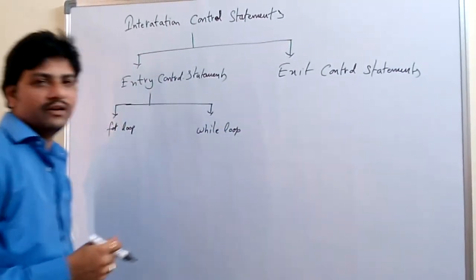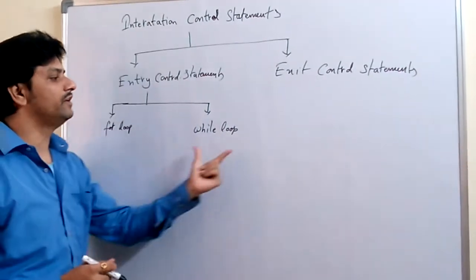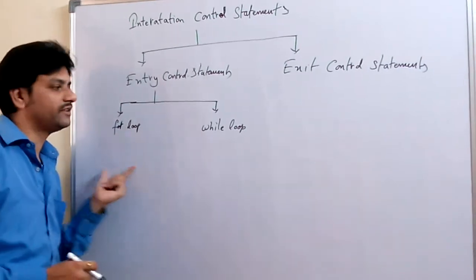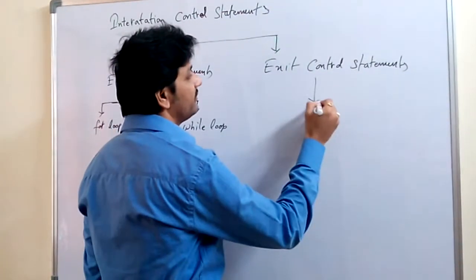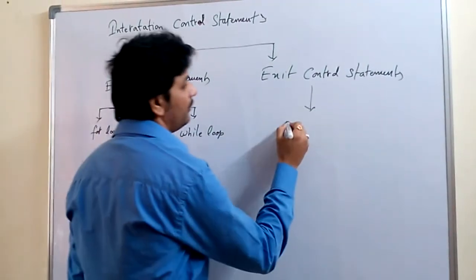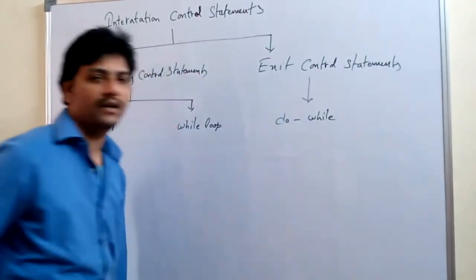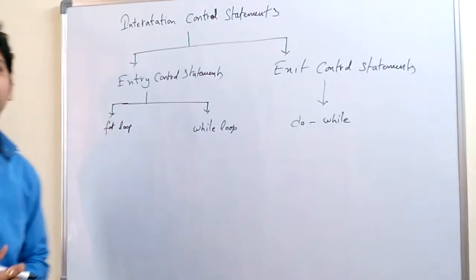From the interview point of view, what is the difference between for and while loop? I will tell you later. First we are going to understand these. Next, in the exit control structure we have do while. Okay, now we are going to understand these things.